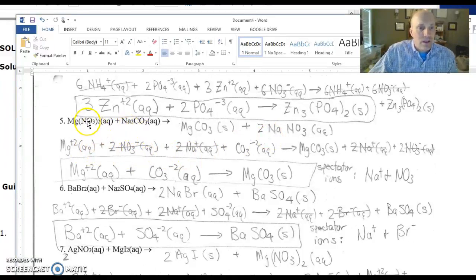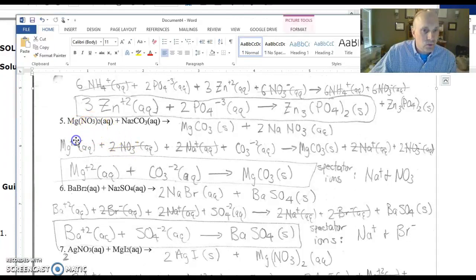Write out the dissolved compounds into their constituent ions, and write out any solid material as the compound's formula. Your nitrates will cancel out, your sodiums would cancel out. Bringing it down, the things that don't cancel out, your magnesium gets brought down, your carbonate gets brought down, and those are going to combine to make solid magnesium carbonate.